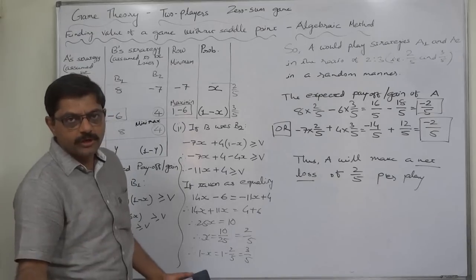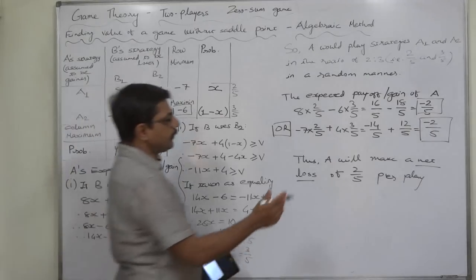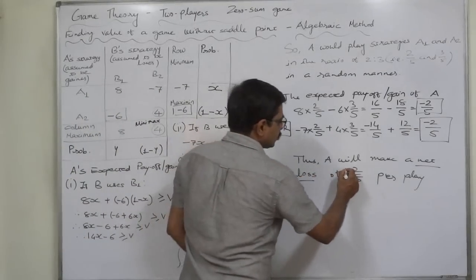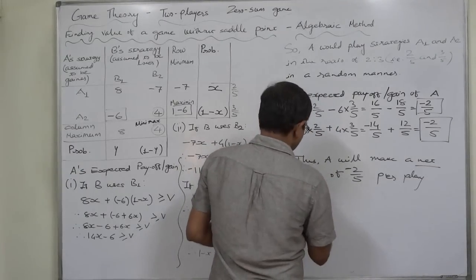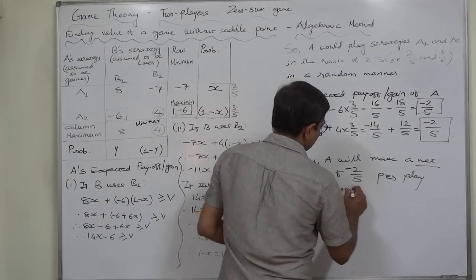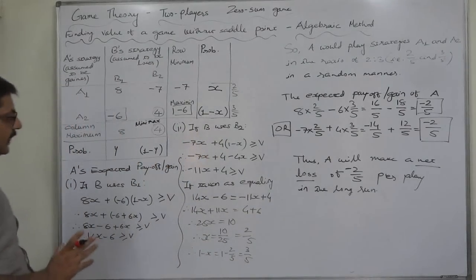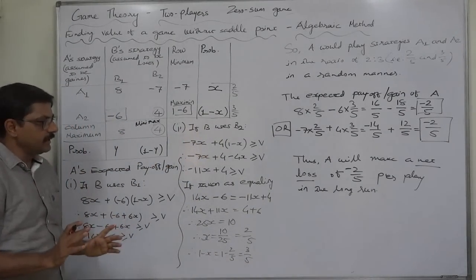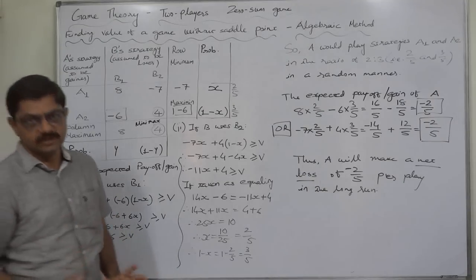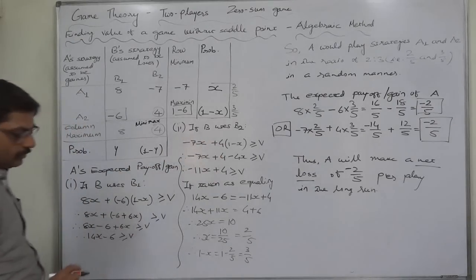So many times they are going to play the game. So in the long run, the average gain per play will be minus 2 by 5 per play. I tried to make the explanation as easy as possible. So this was A's point of view.